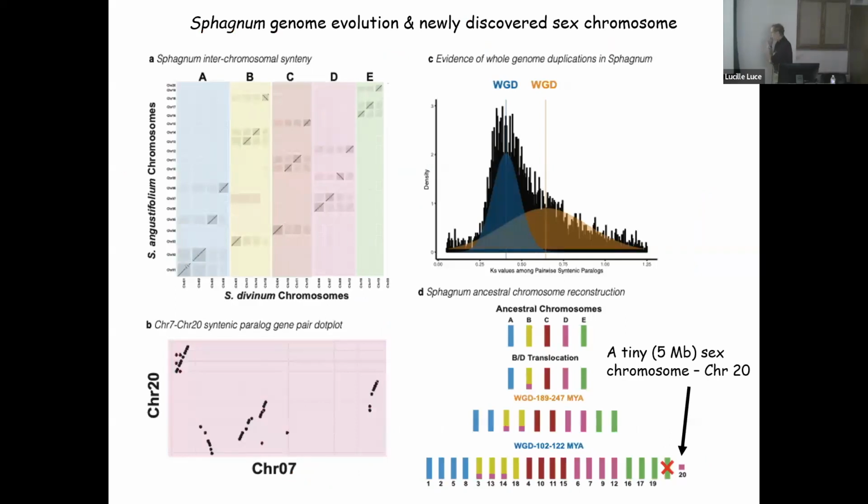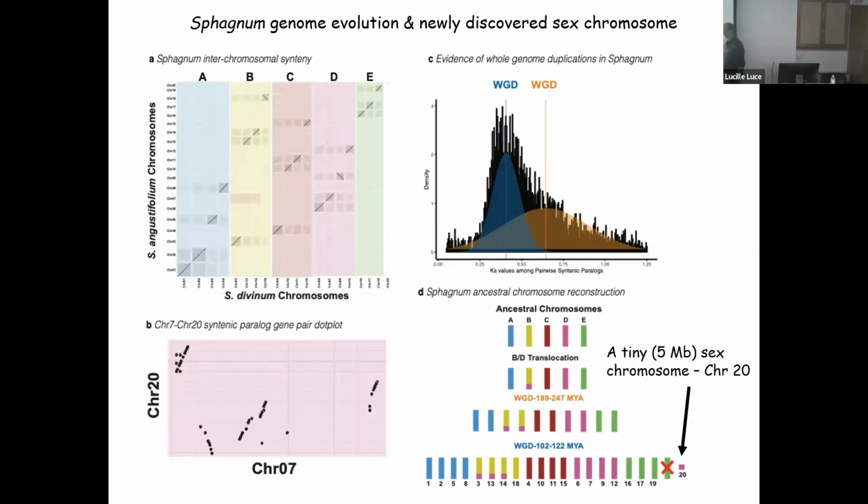So more or less one of the only two other things that I'll tell you about the Genome Project is that, through synteny studies and also studies of genome duplication, we were able to reconstruct the genome of Sphagnum from 5 original chromosomes, with a duplication and some translocations, to the current number, which is quite uniform across Sphagnum, 19 chromosomes.